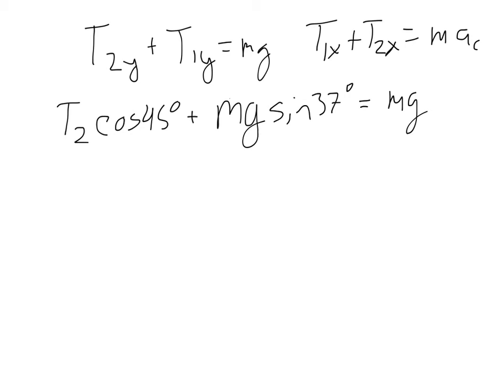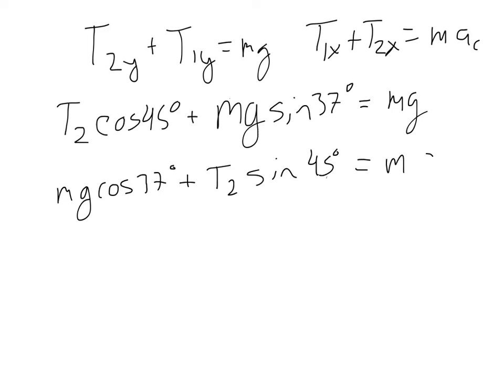Then for T1x, we're going to say mg cos 37 plus T2x, which is going to be T2 sine 45. Oh, sorry, that one's 45. And then that's going to equal m a sub c. How are you going to solve this? Tiffany, what do you think? Figure out what T2 is. There you go. Just plug in T2 from the top, substitute in the bottom, and we're good.